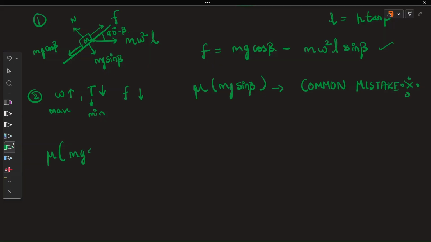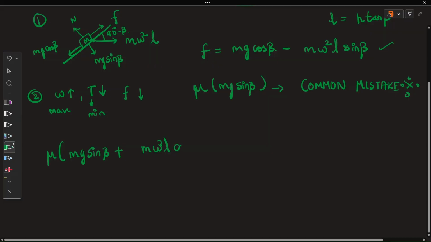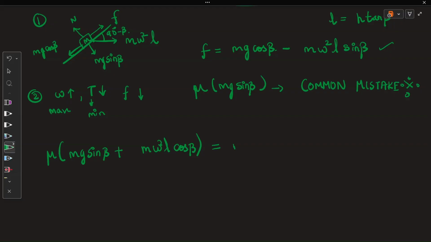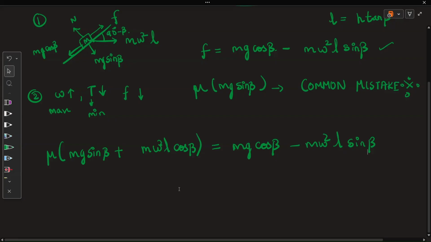Mu into mg sin beta would be there. Along with this, what I get is m omega square L into cos beta, which is mg cos beta minus m omega square L sin beta.